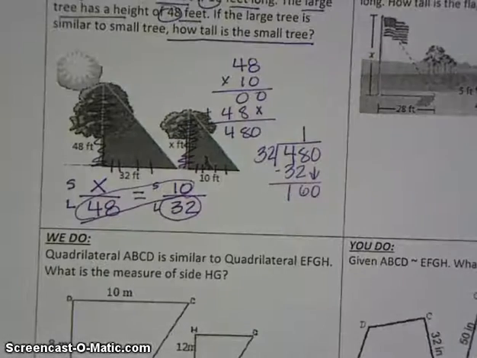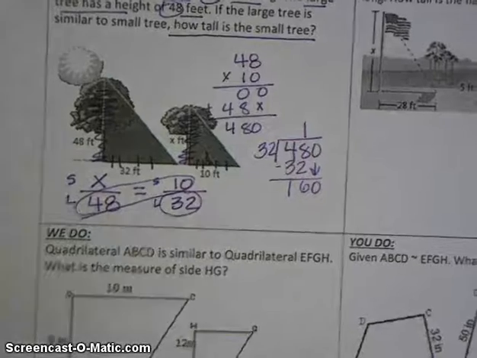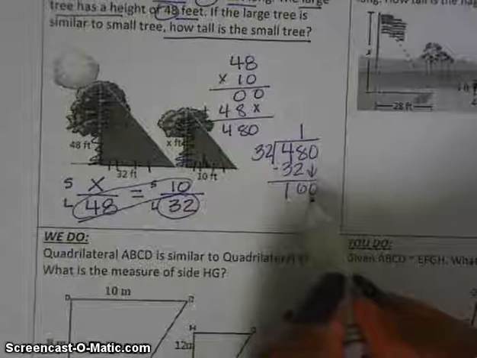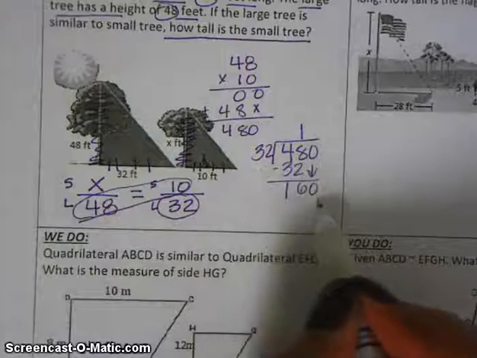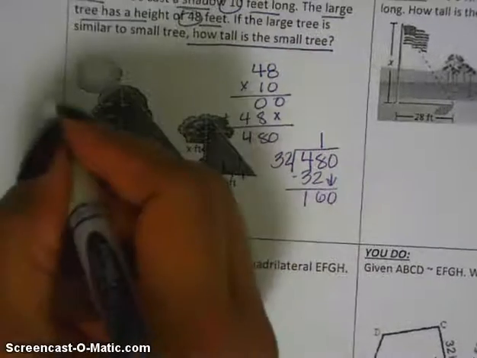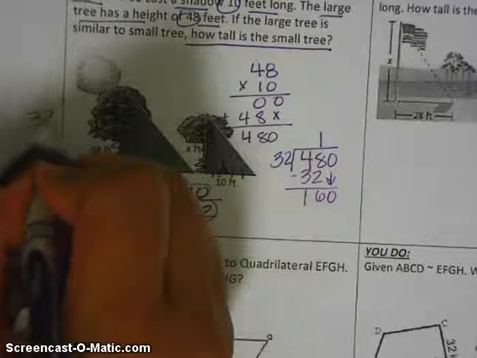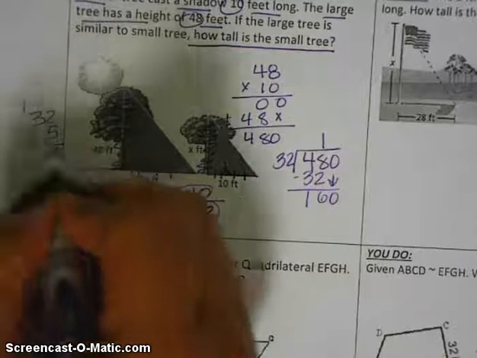That's a pretty large number to divide. 160 divided by 32, so I'm just going to estimate. I know that my number ends in a 0, so I'm going to try 5 first, because I know 5 will give me a 0 in the ones place. What is 32 times 5? 5 times 2 is 10.